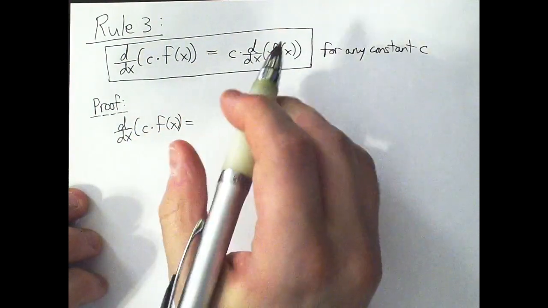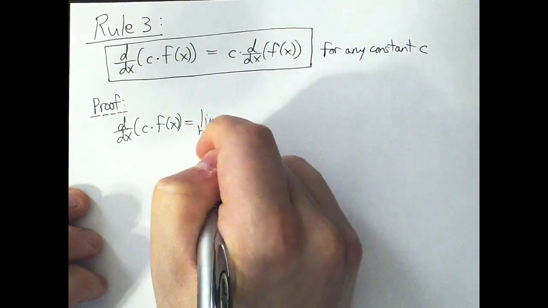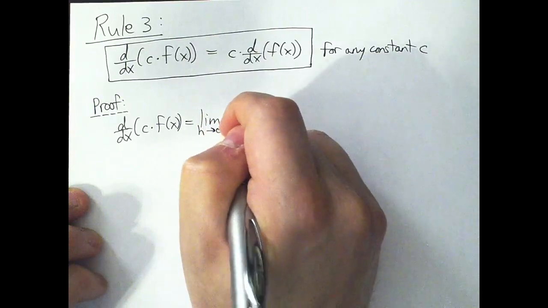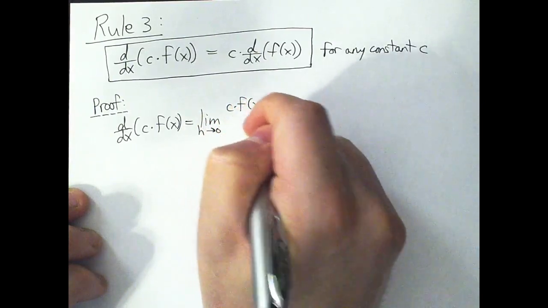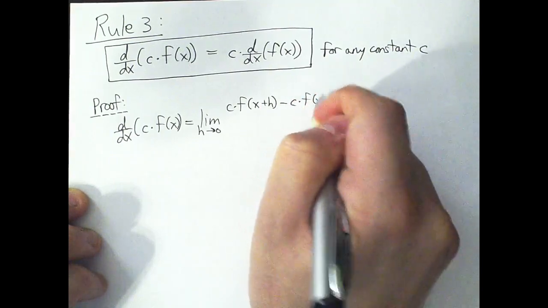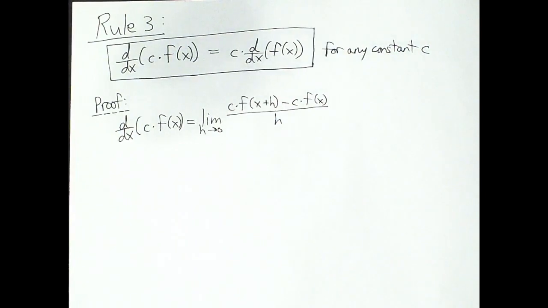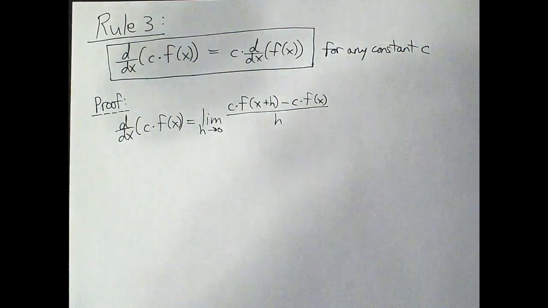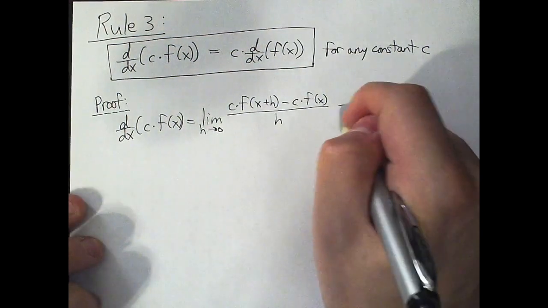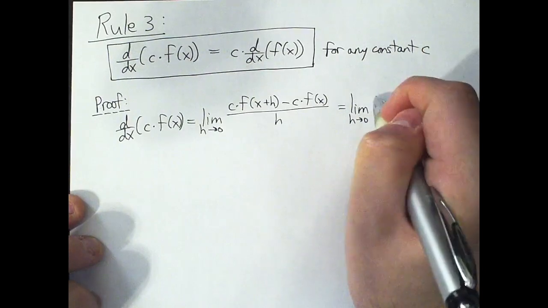We could use the definition of the derivative. This would be c times f of x plus h minus c times f of x, because of that c out front. Both parts of the numerator have a c, so I want to pull the c out, factor a c out in the numerator.